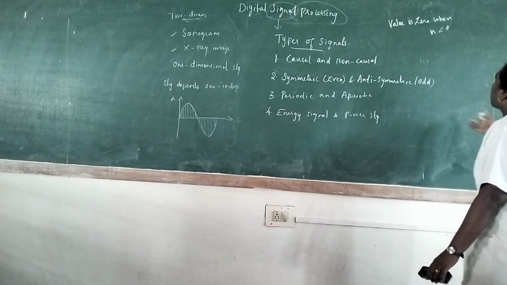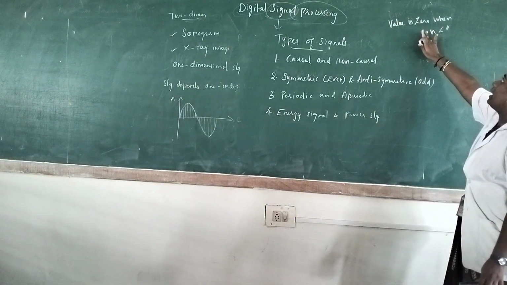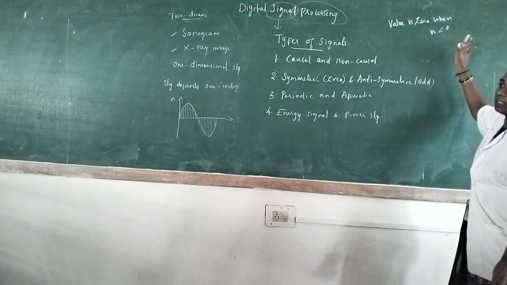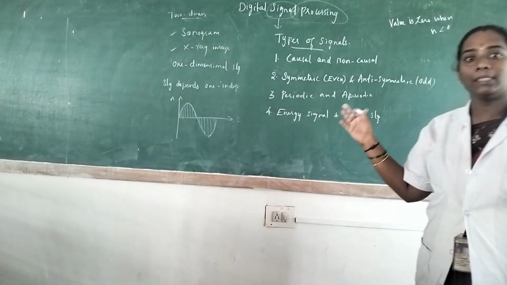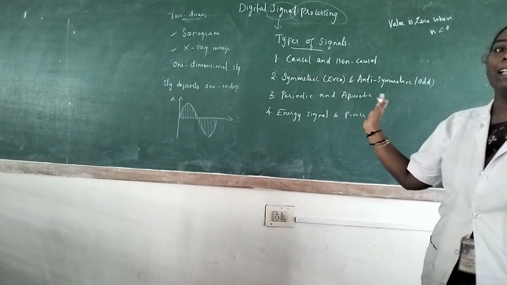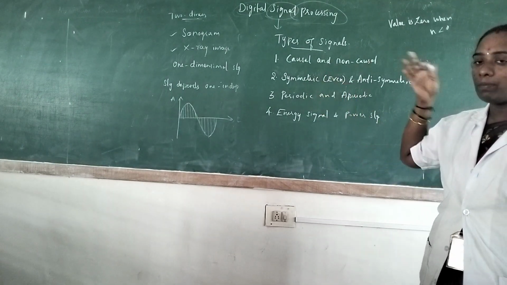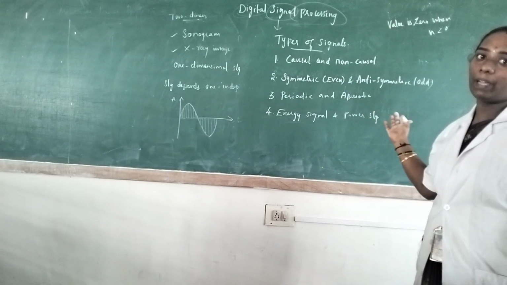Okay. So it means that the value is 0 when n less than 0. So n less than 0 means the samples from -1 to -n, the value should be 0. From 0 to plus n, there should be some integer value.